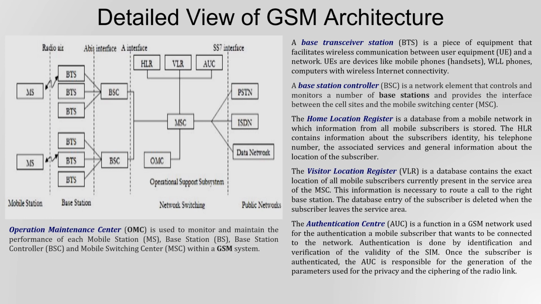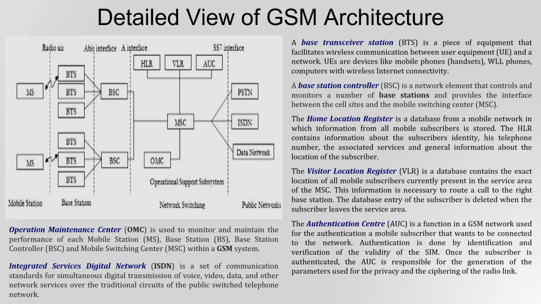And finally we have PSTN as well as ISDN. PSTN, which we have already seen, is the public switched telephone network, which connects the entire world of wireless networks, and ISDN is the integrated services digital network, which is a communication standard defined to communicate voice, video, data, and other network services.